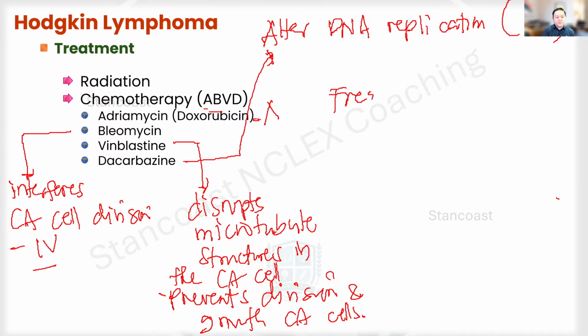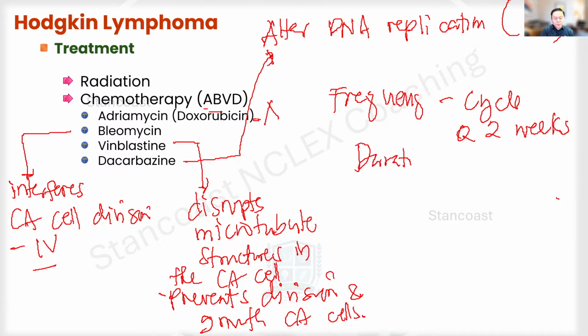Again, it will vary from one patient to the next. For the frequency, it will be according to the cycle, which is going to be every 2 weeks. And the duration for the treatment is going to be varied. It will be dependent on the patient's response and the severity of the disease.